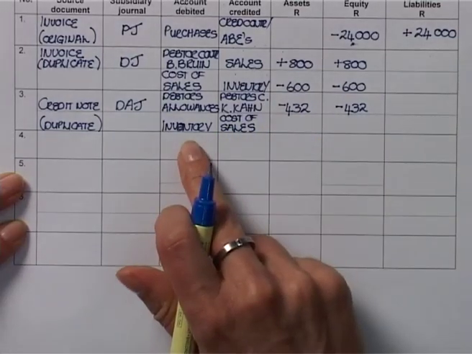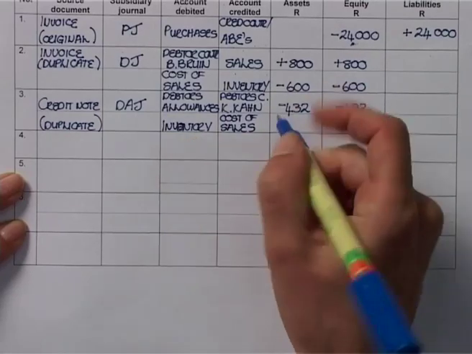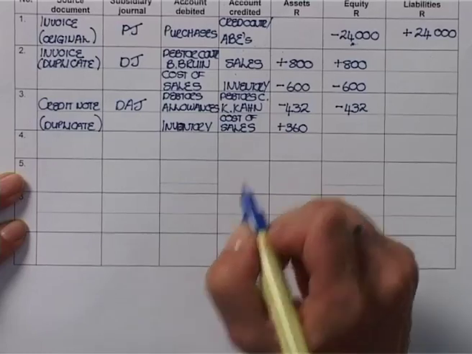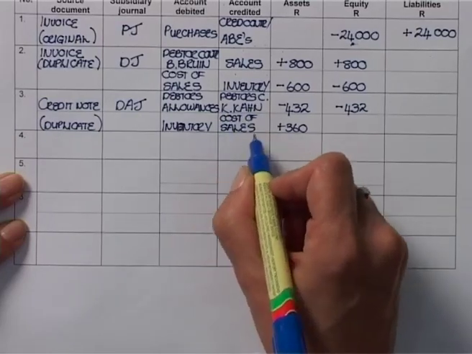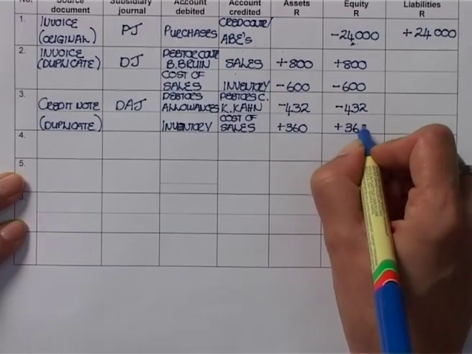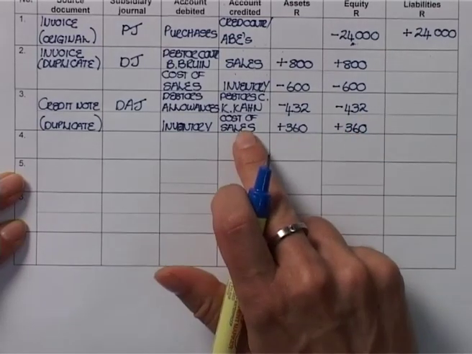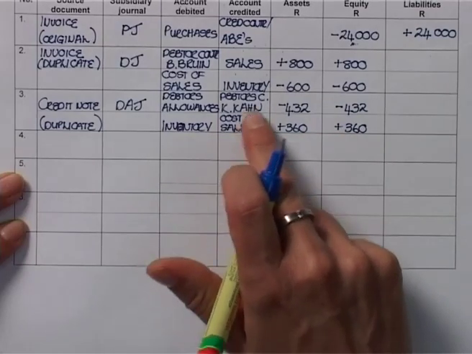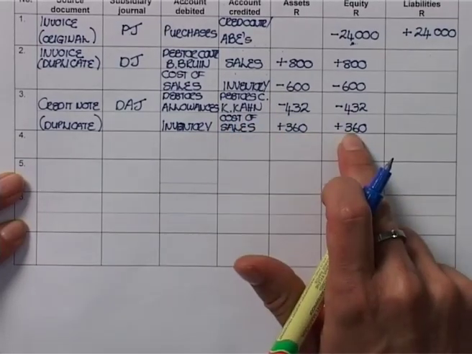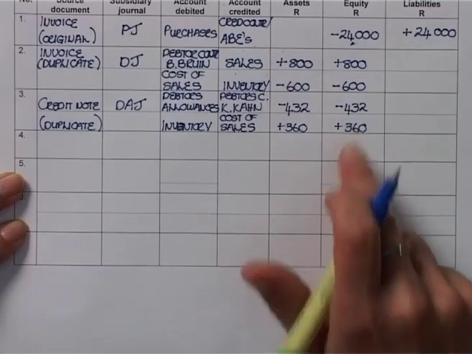So in my inventory, I can only work with the cost price. I'm going to increase my asset with 360 Rand. And now I'm going to credit an equity item. And credits in equity is a positive. That means that I'm cancelling the original expense for the cost price of the sales with an income item of 360. It's just a cancellation.